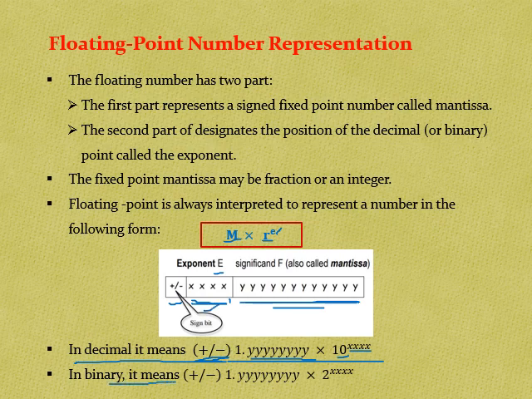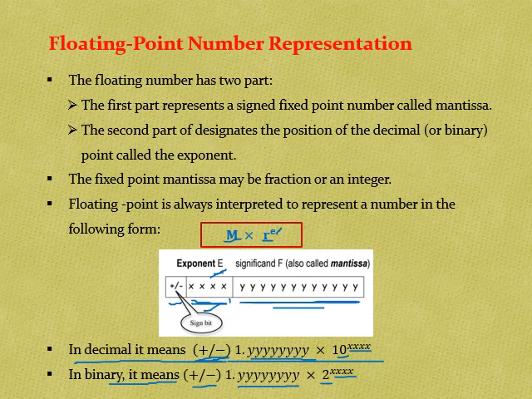Similarly, for a binary number, the plus or minus represents whether the number is positive or negative, y represents the mantissa part, x represents the exponent part, and 2 is the radix for binary numbers. I think it is understandable.